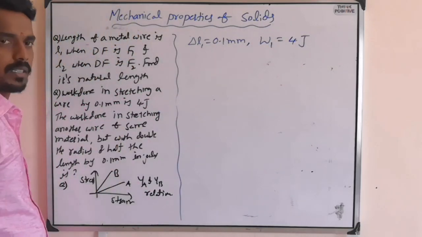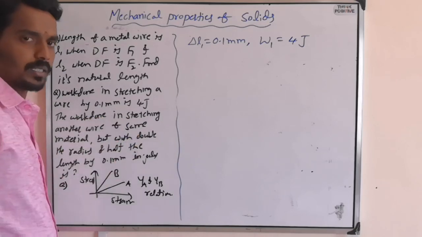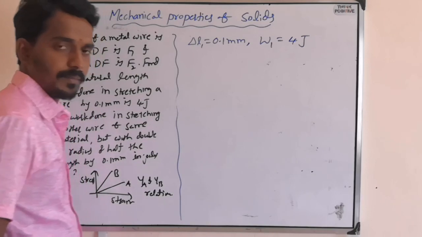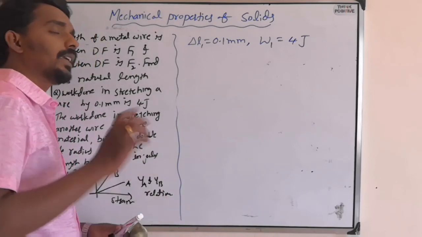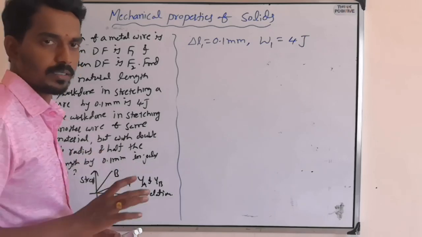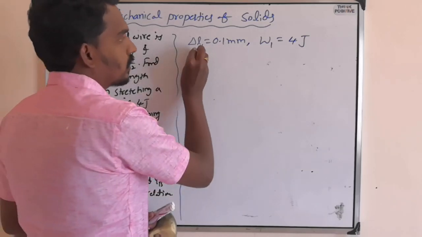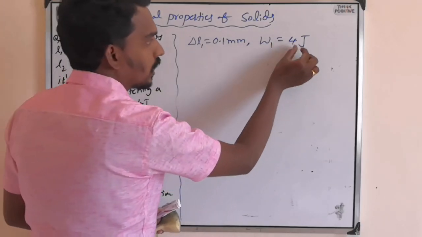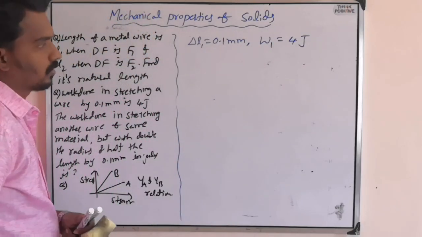We don't know what the wire is, what the length is, what the area is; nothing they have given. Only there is a wire, and we don't know what the force is either, how much it is. But the extension is 0.1 millimeter and the corresponding work done they have given is 4 joules.